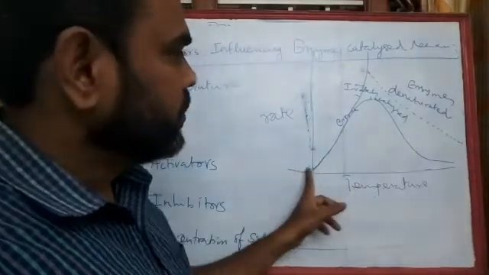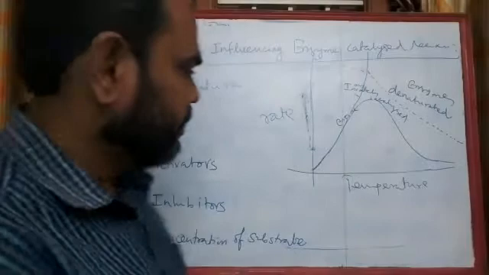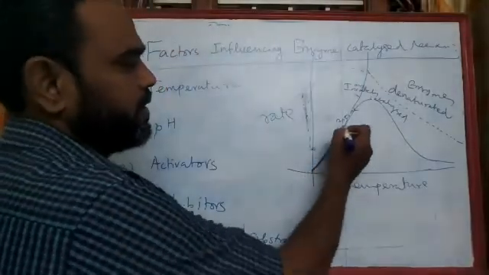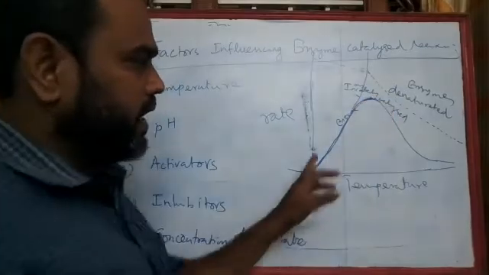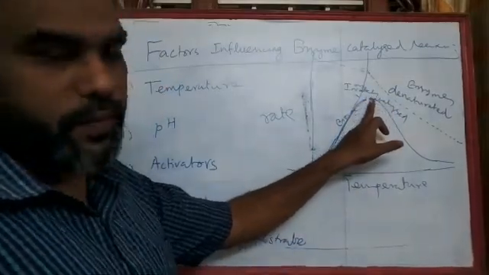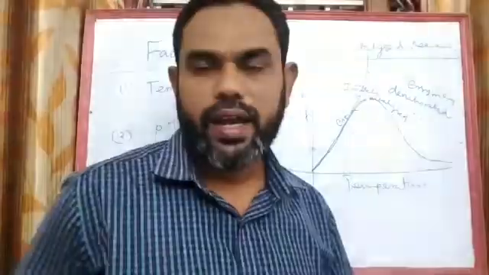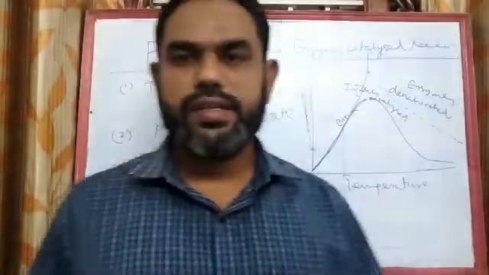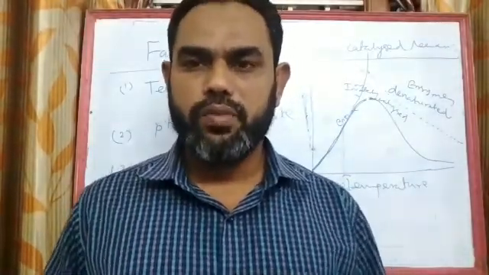Okay, so upon increasing the temperature slowly, the rate of the enzyme catalyzed reaction increases, reaches a maximum, then it falls down. Why should it fall down? Because at a high temperature, proteins get denatured. Enzymes are nothing but polypeptides or proteins.